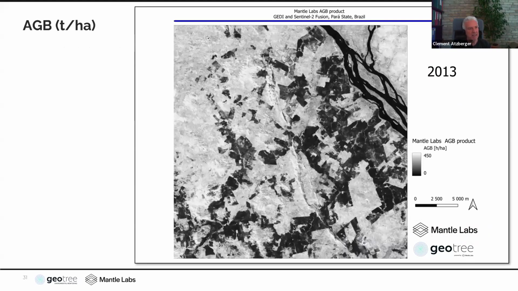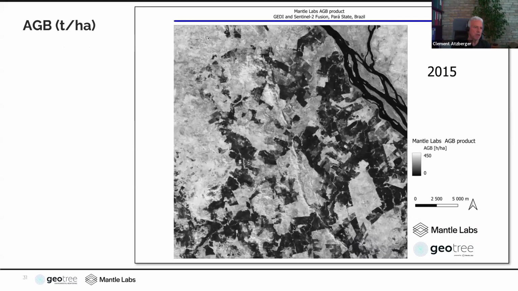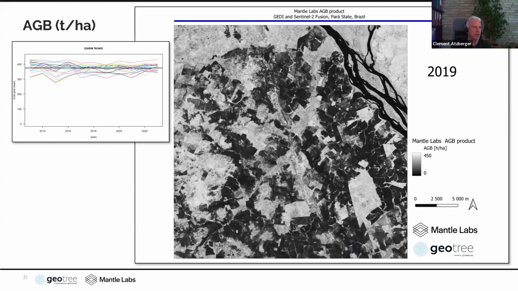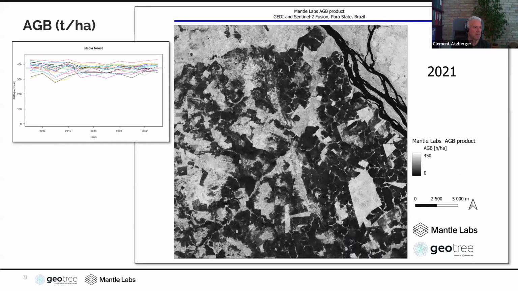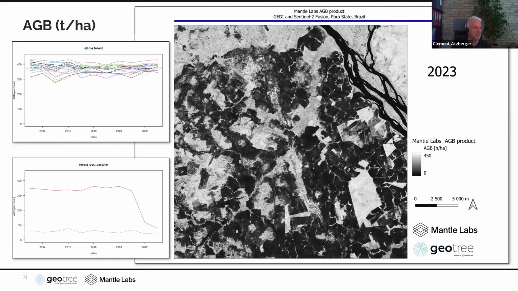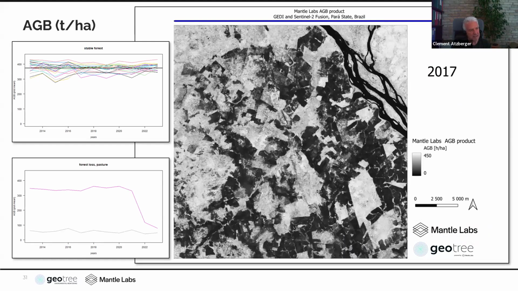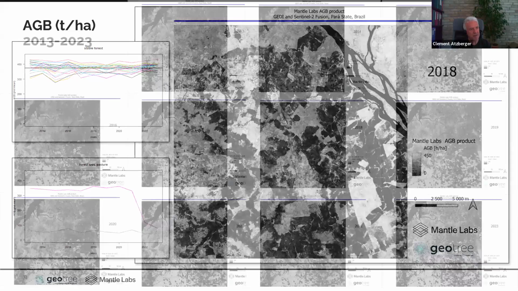Soon we will be able to do this also for 2024, in tons per hectare. And if you look at some stable forests, they look like this. If you see some deforested pixel, they look like this reddish line, etc.